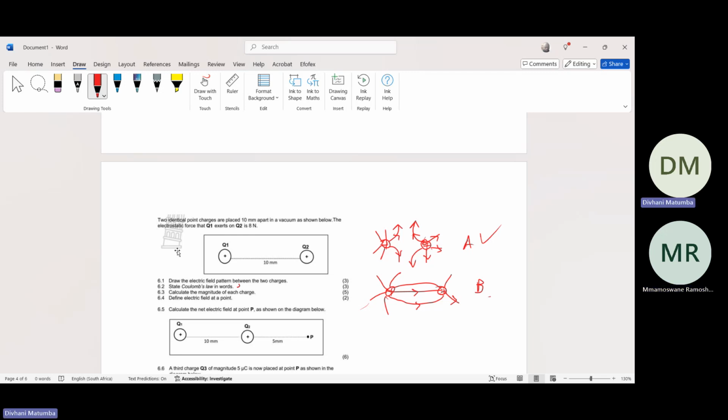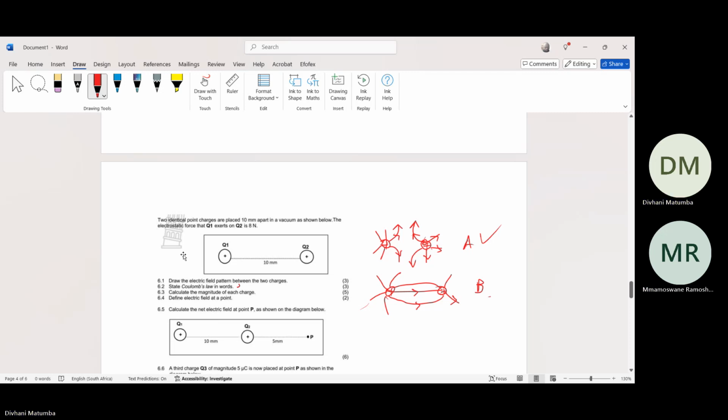Two identical point charges. They are identical. Okay, but I don't know the magnitude of the charges, that's what I'm looking for, right?